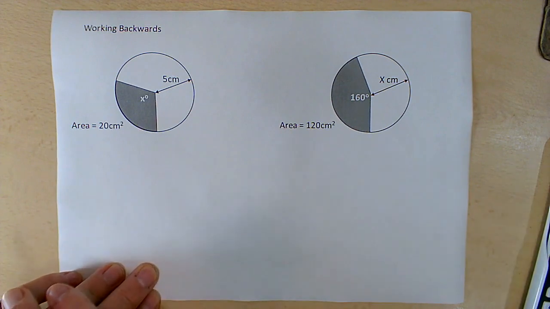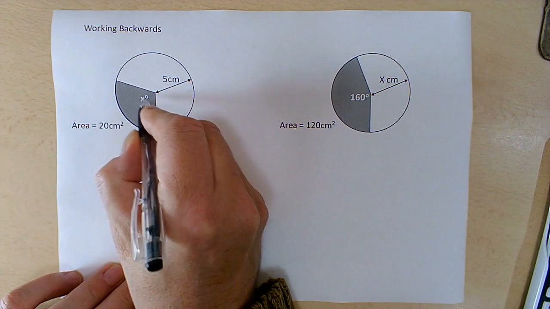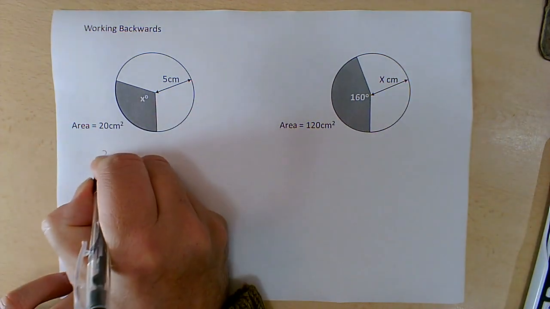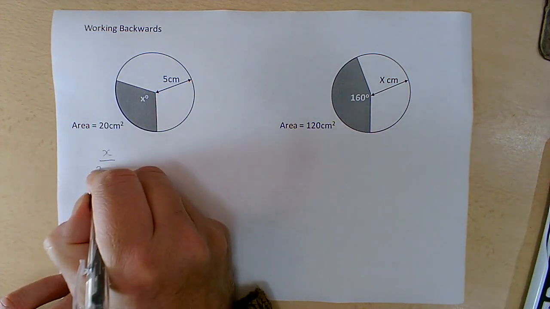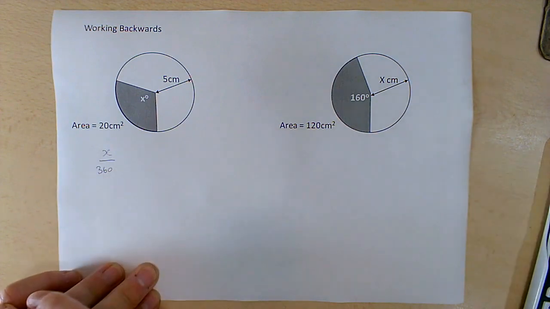So if we remember how we did this before, we did the angle in the sector divided by 360 was the proportion of the whole area of the circle that the sector made up.